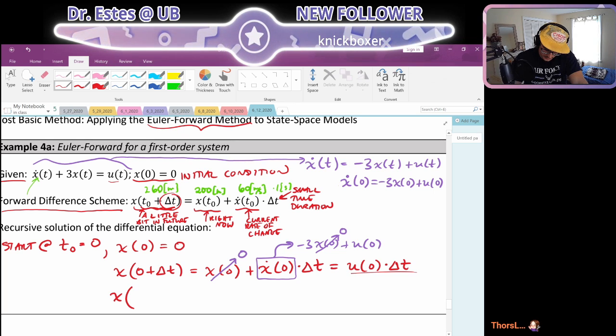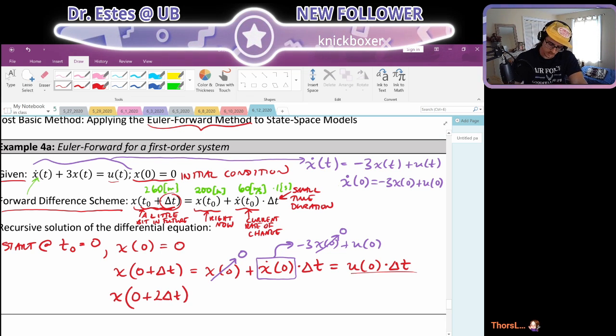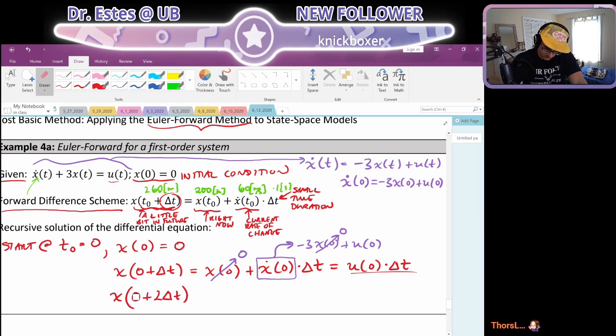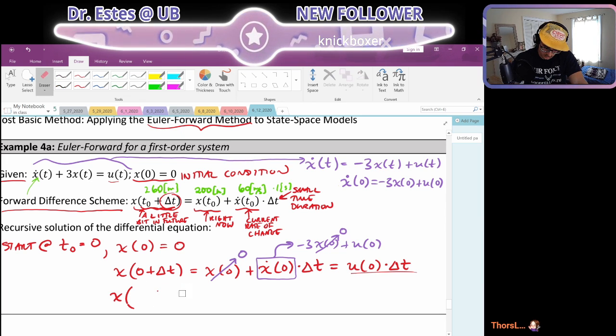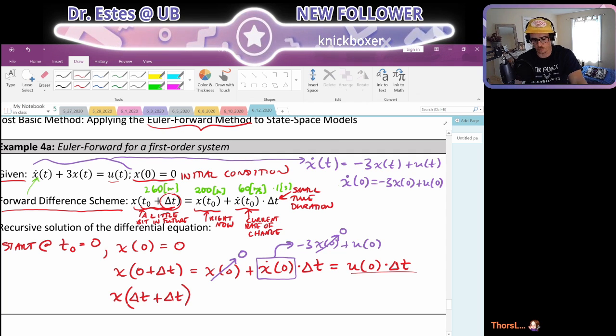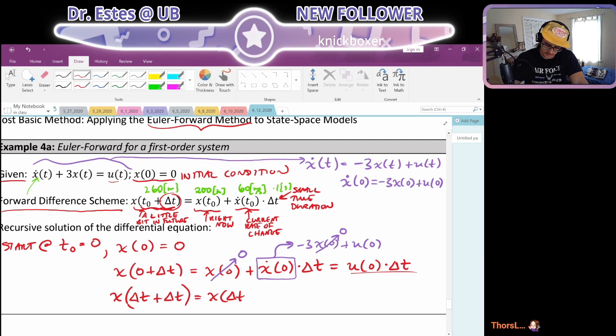So what is x at 0 plus 2 delta t? So like 2 time steps from now. Actually, I want to write it like this. From the first step, I advanced forward delta t. And what if I advance forward again from that position? Well, I'll have x at delta t plus x dot at delta t times delta t.